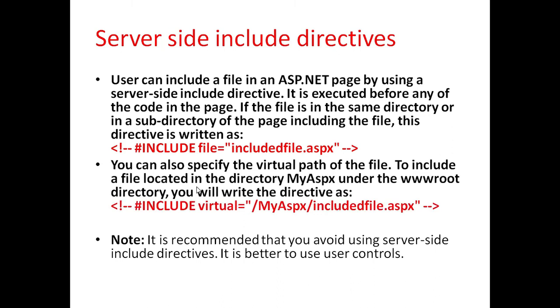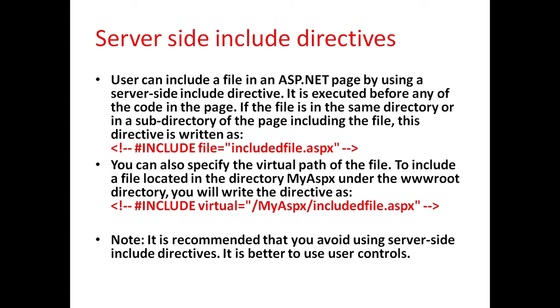You can also specify the virtual path of the file. To include a file located in the directory MyASPX under the wwwroot directory, you will write the directive as #include virtual equal to the path of the directory and then the file name. Note that it is recommended that you avoid using server-side include directives. It is better to use a user control.